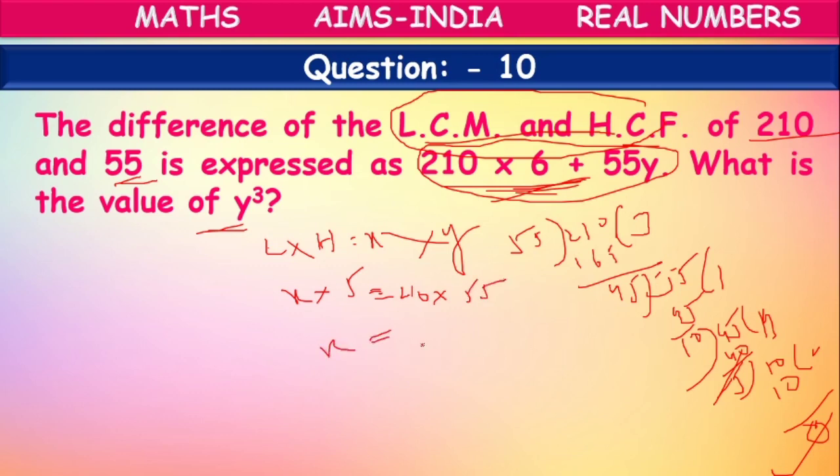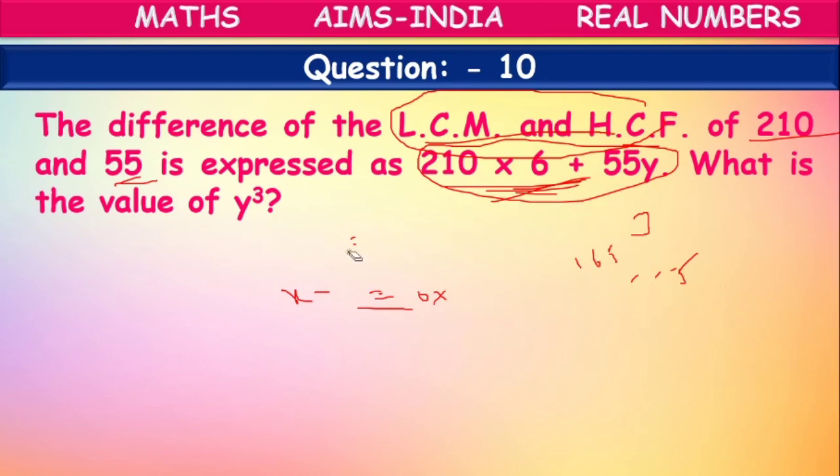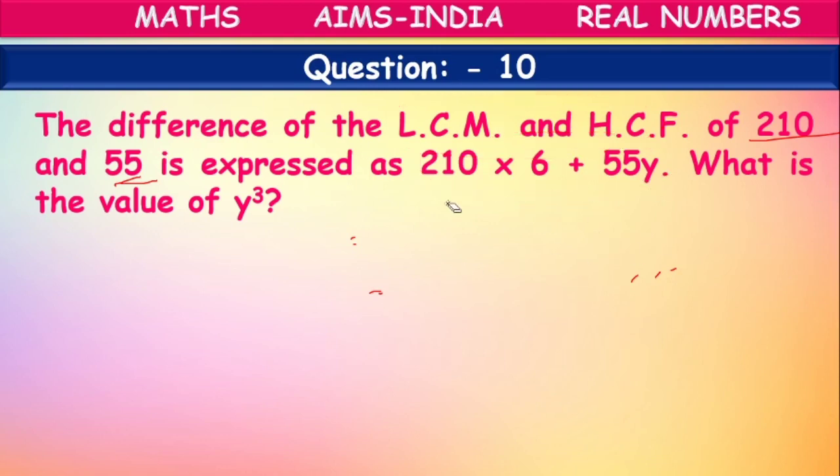Now what will be the value of X? 210 into 55 by 5, the 5 will come down by 5. 5 11s are 55. 210 into 11. 11 0s are 0, 11 1 is 11, 1 will be remaining. 11 2 is 22 plus 1, 2310. This is the LCM value. 2310 is the LCM value and 5 is the HCF value. Now what are they asking? What clue have they given? The difference of HCF and LCM.